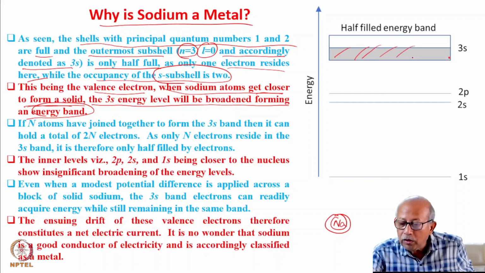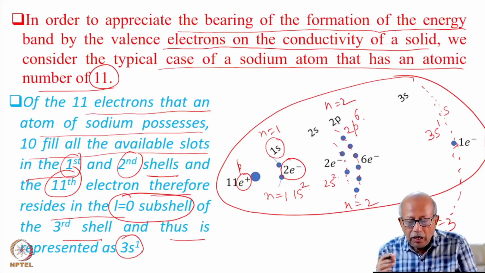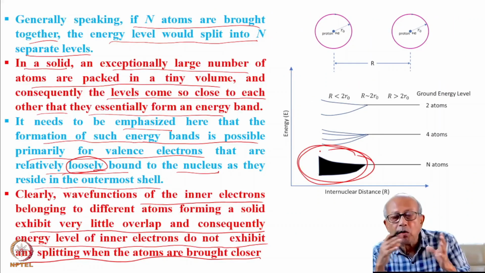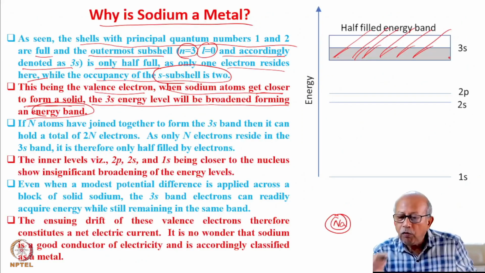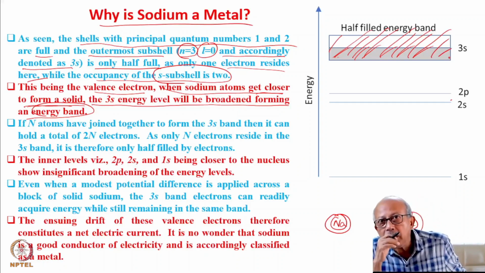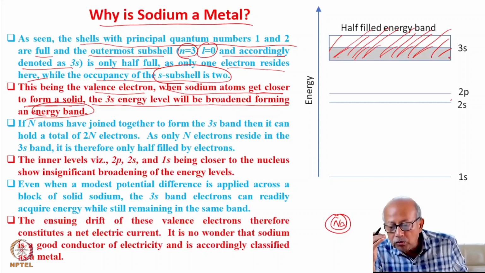This is actually broadened when they are brought closer to each other, just as it happened for hydrogen, not two, many. So the same thing happens for sodium, the outermost energy level, which is where the electrons are most loosely bound.